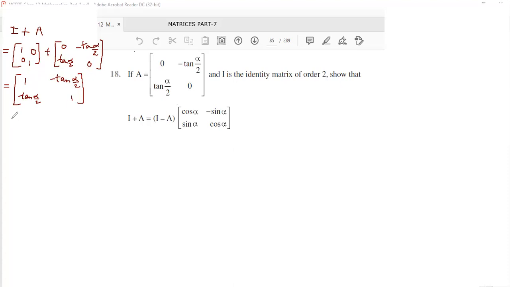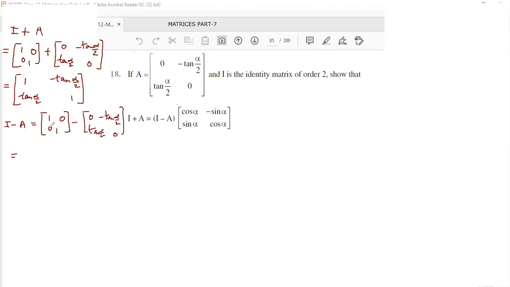Okay. Now we will take the right hand side, that is I - A multiplied by this matrix. So first we will find I - A. I is [1, 0; 0, 1], the unit matrix, minus the matrix A, [0, -tan(alpha/2); tan(alpha/2), 0].